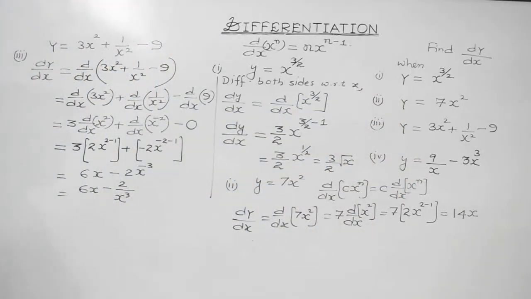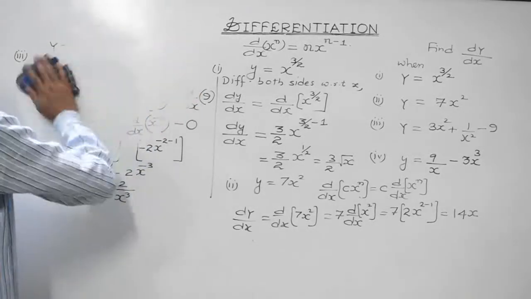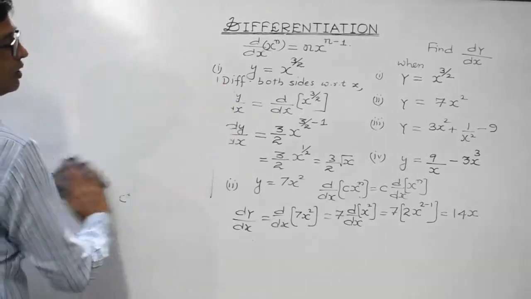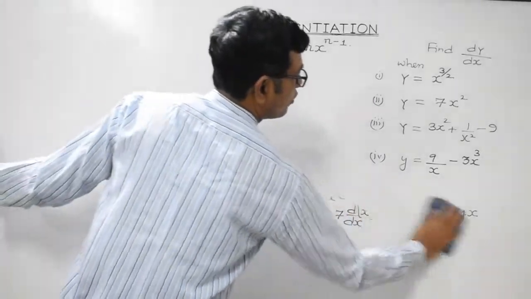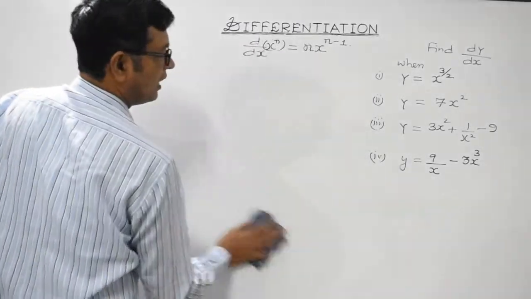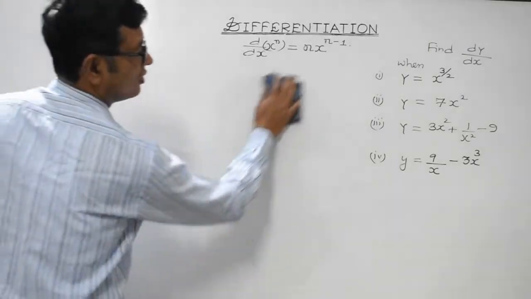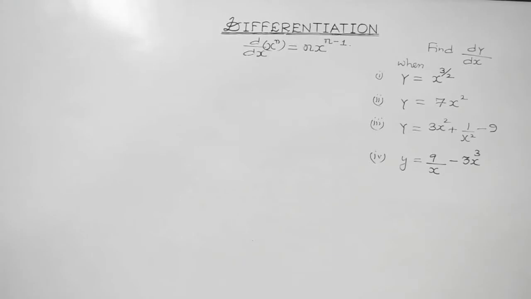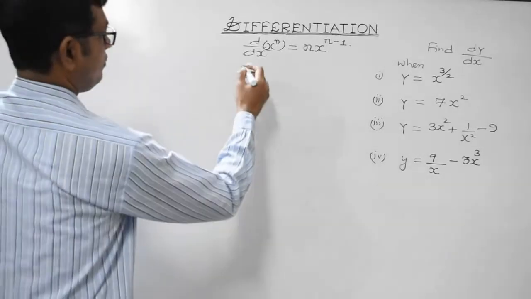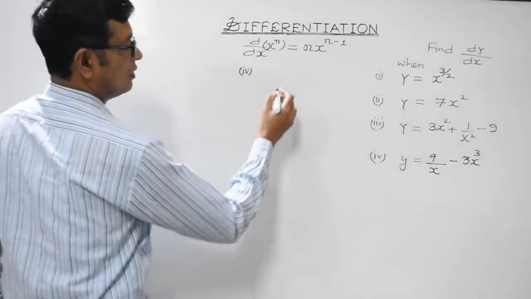Let us try to attempt the fourth question. Fourth one is again similar one. We can easily solve it. So it is y is equal to 9 by x minus 3x cube. So let's try to solve it. Fourth one.